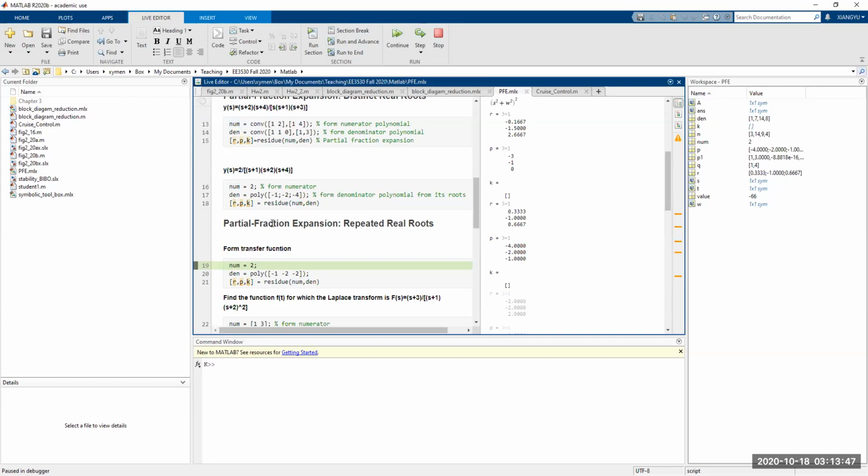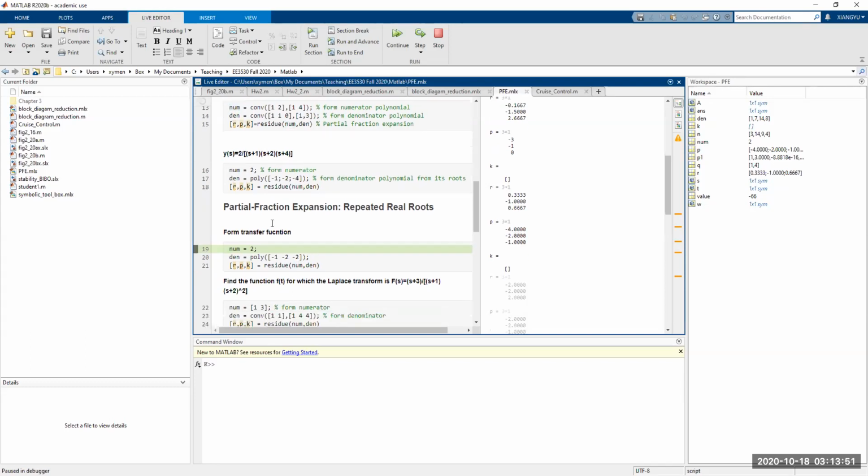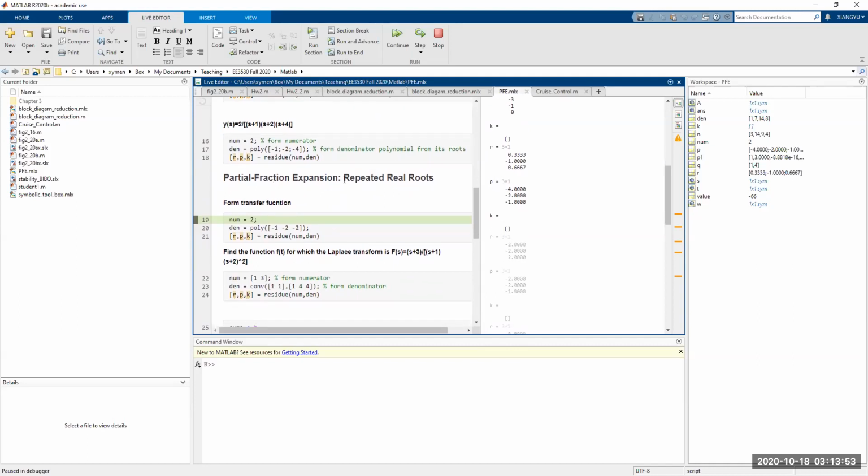Now let's discuss a case we did not discuss in the class. That's the case where we have real roots, but they're repeated and not distinct. Let's see this transfer function.